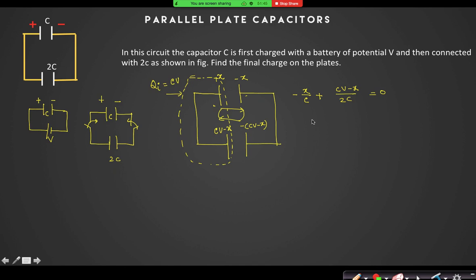So can I say that 3X equals CV, so the value of X equals CV by 3, and the value of CV minus X equals 2CV by 3. That will be the charges on the two capacitors.